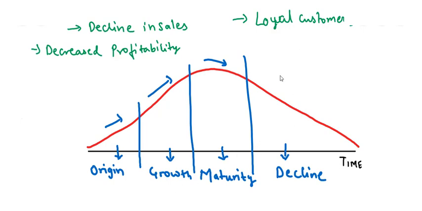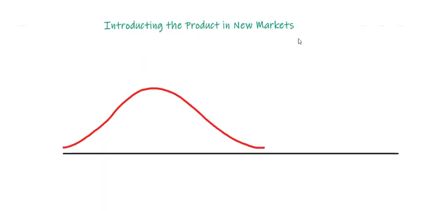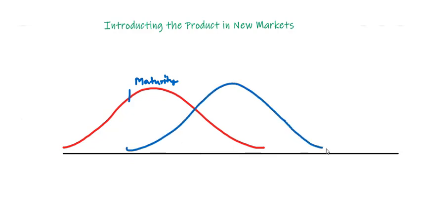One thing to notice here is that companies might want to increase the life of the product. And the way to do it is by introducing the product in the foreign markets. So as a product starts to enter the maturity stage, this is the time when one would see a company introducing the product in the foreign market, especially developing nations.